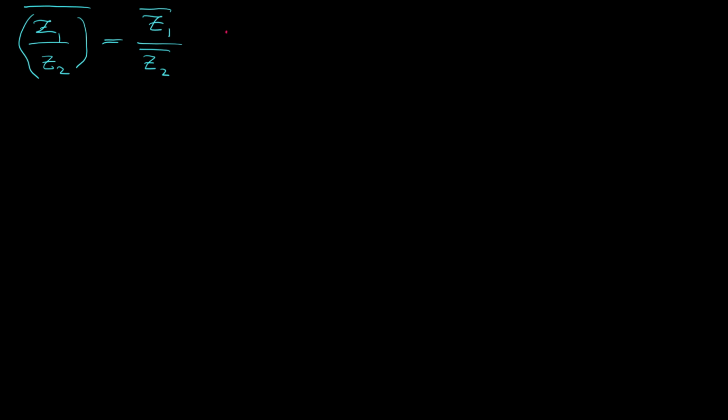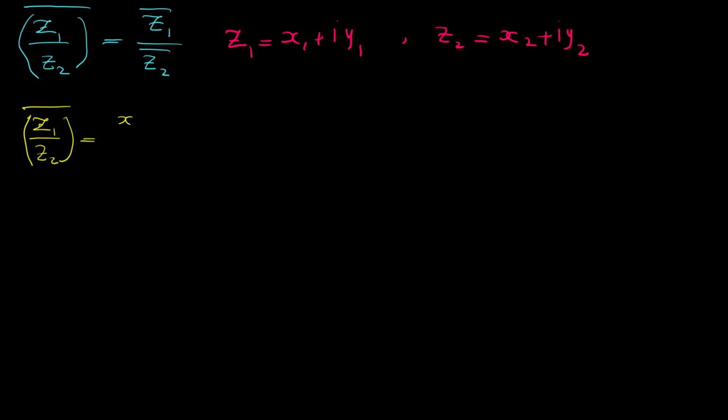To prove this, again we suppose z1 as x1 plus i y1, and we suppose z2 as x2 plus i y2. Now let's calculate the left side and the right side. The conjugate of z1 divided by z2 would be equal to the conjugate of x1 plus i y1 divided by x2 plus i y2.